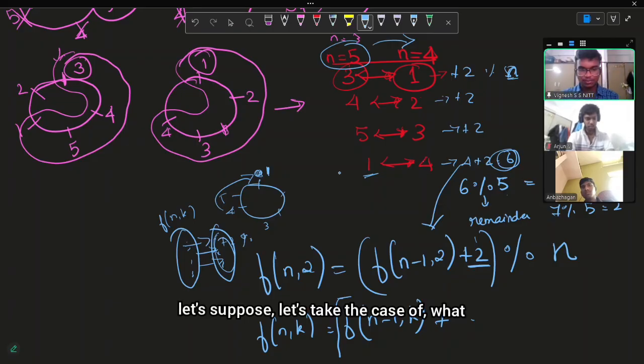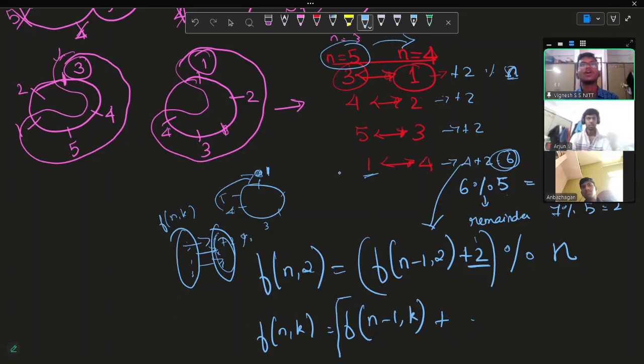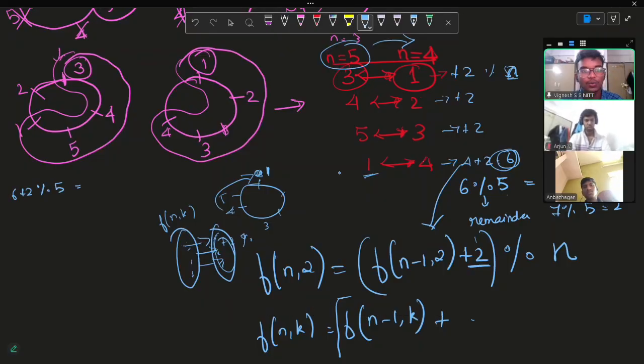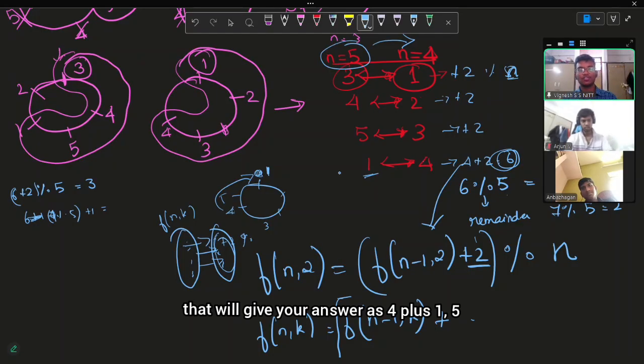Let's take, for example, 6 plus 2 modulo 5, which gives 8 modulo 5, which is 3. And 6 plus 1, I mean 9 modulo 5 plus 1, or plus 2, that will give your answer as 4 plus 1, 5.